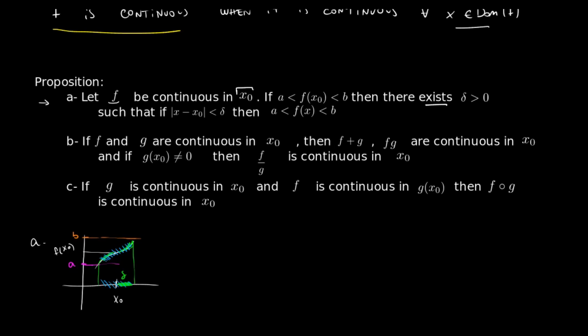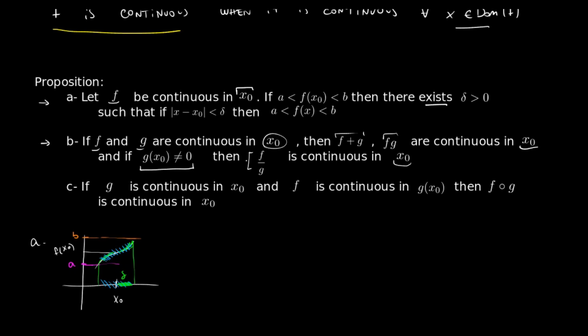Now the second one says we have two functions f and g that are continuous in the point x0, and so we have that the sum and the product are continuous in the same point, and that if g in x0 is different to 0, then the division of f with g is continuous in x0.